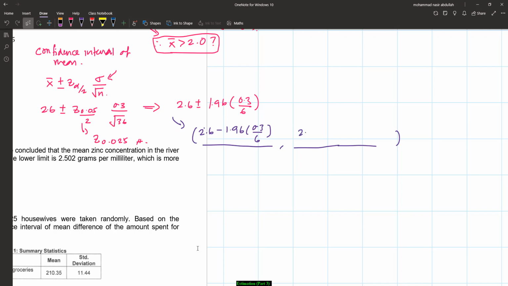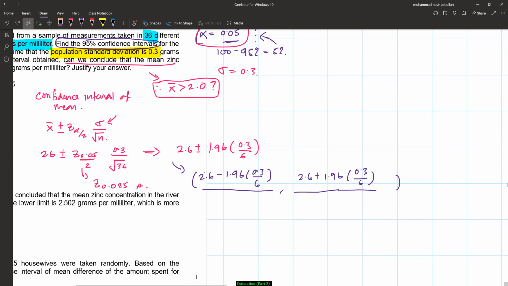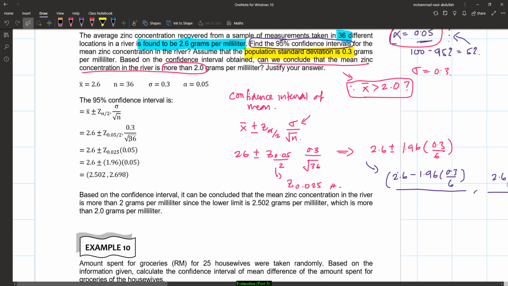The upper confidence limit is 2.6 plus 1.96 multiplied with 0.3 divided by 6. Then we will get the values yang dia bagi dekat sini: 2.502 is our lower confidence limit, and 2.698 is the upper confidence limit.